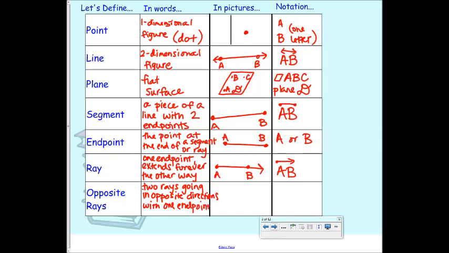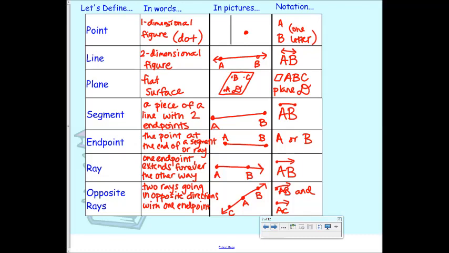So that means we have ray AB and ray AC. All right, AB goes this way, AC goes the opposite way, but they both start with what letter? A, because that's the point that they share. All right, so A goes through B this way, through C that way, and they share that point.